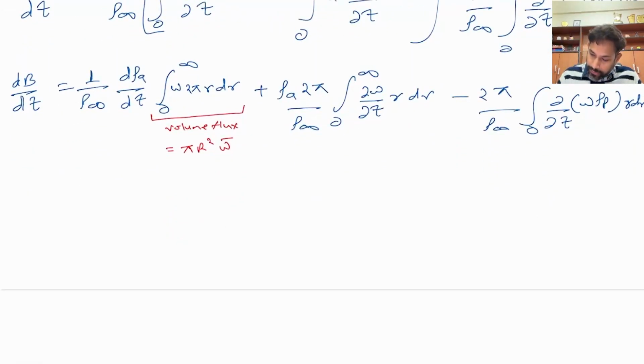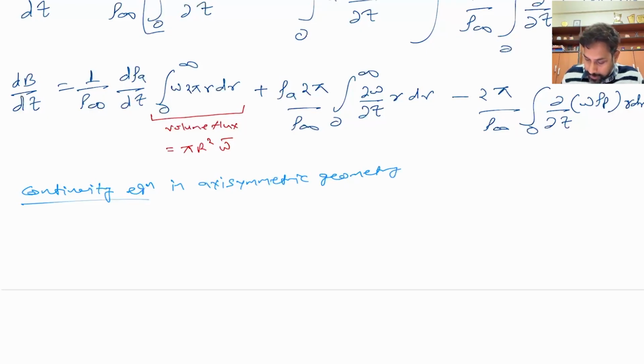And then for the second and third terms, we are going to use two different things here. One is an equation and one is an assumption. The equation is the continuity equation in axisymmetric geometry.